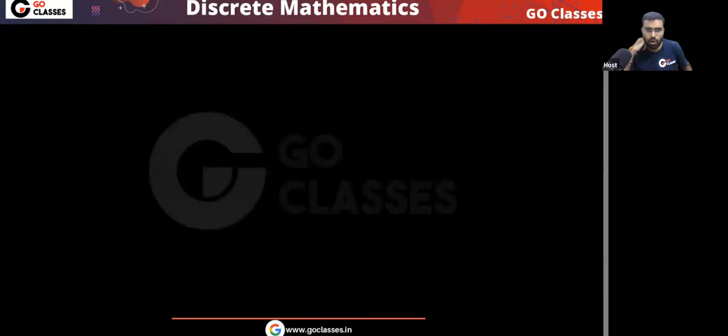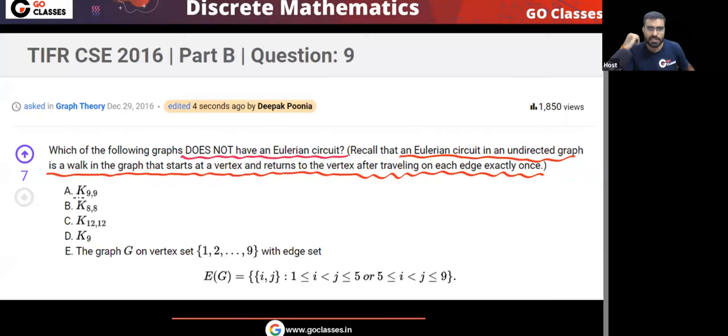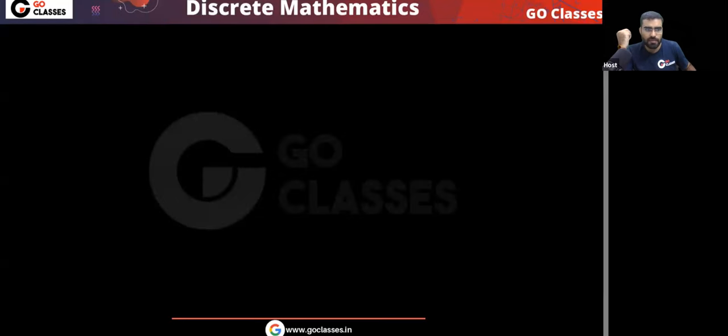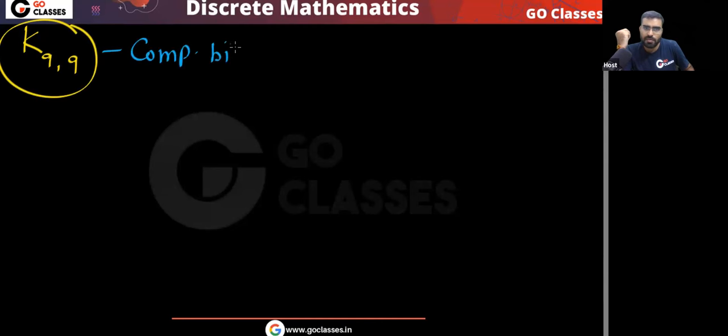So let's start with option A, K99. This is your complete bipartite graph. Is this connected?